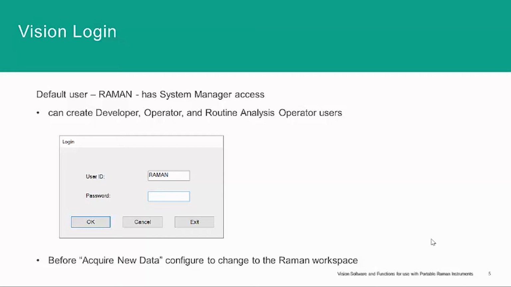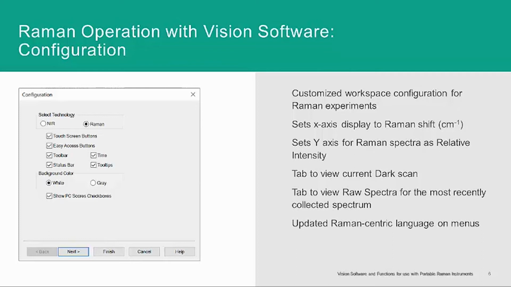Before you acquire your new data, you want to configure to change to the Raman workspace. So when you open Vision and create a new project, you'll want to go to Configuration and choose the Raman technology. This will customize the workspace configuration for all Raman experiments. This includes setting the x-axis display to be in the correct units of Raman shift and the y-axis as relative intensity.